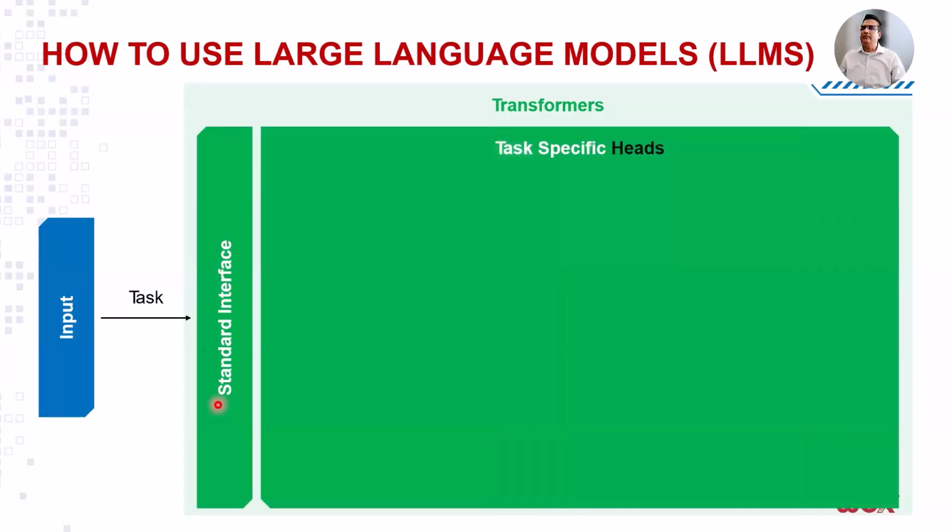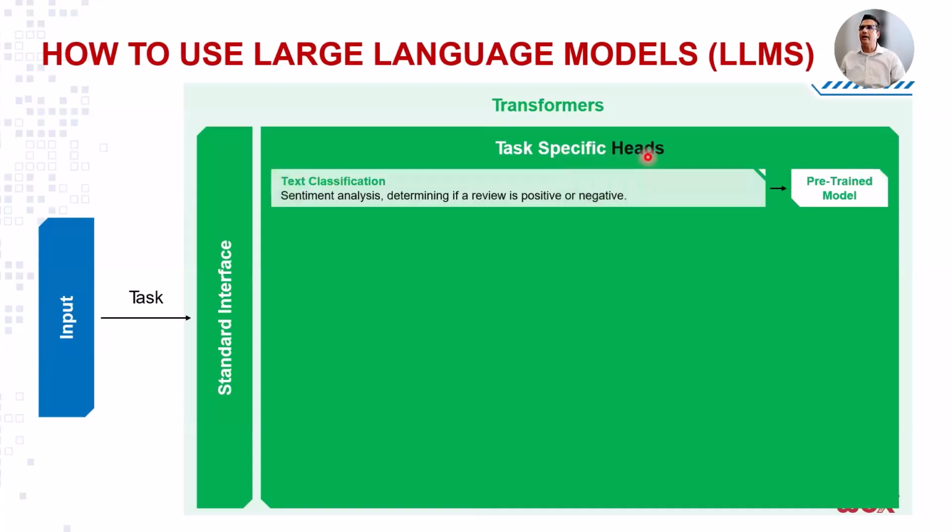And that standard interface will provide you different task heads. Let's understand what a task head is. A task head is a head that will perform a specific task for you, like sentiment analysis. So if you want to perform sentiment analysis on your input, then you call the task head called text classification.